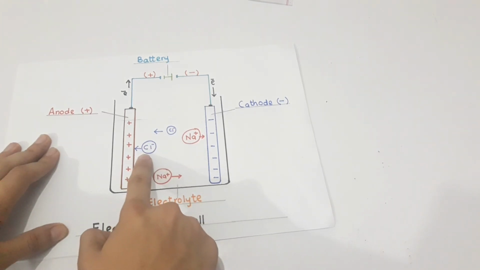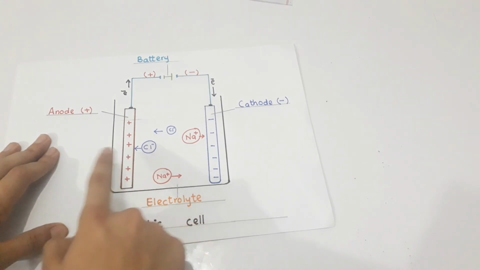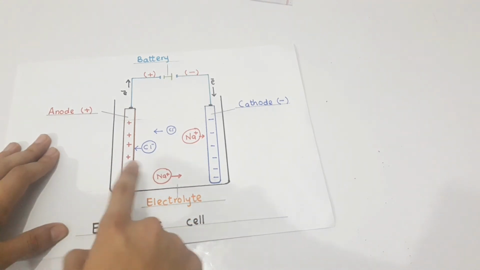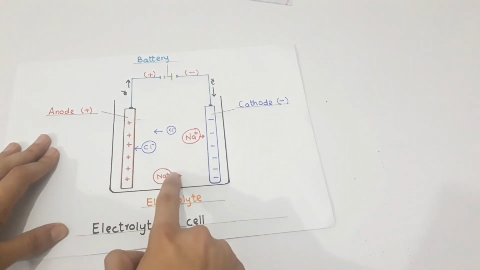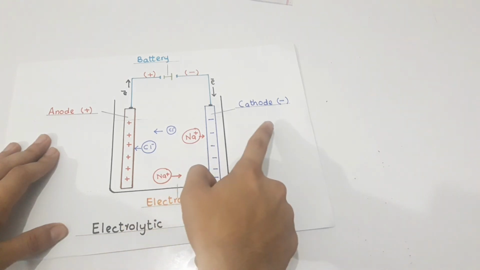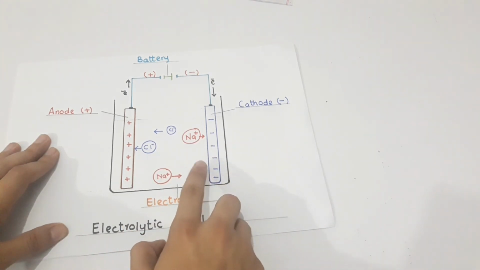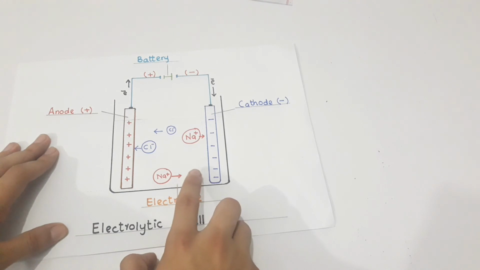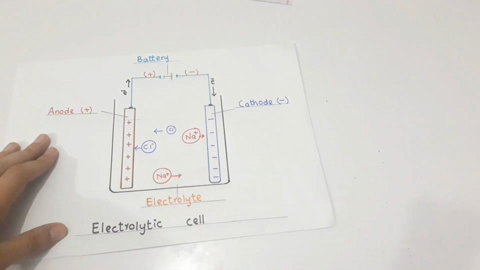The chloride minus ion will move to the anode, the plus electrode, while the sodium plus ion will move to the cathode, the minus electrode. This is because opposite charges attract each other.